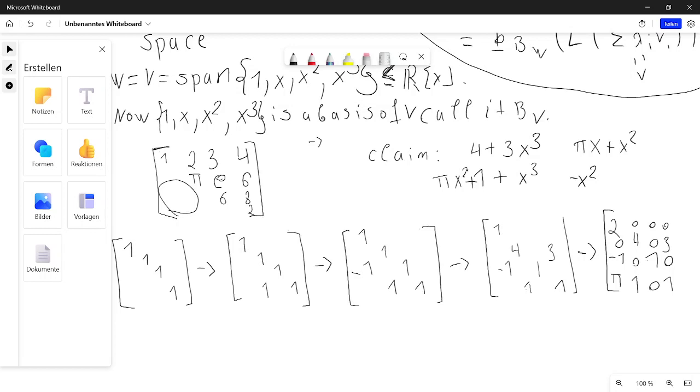That is 1, that is x squared. Right, here is x squared. Here is x squared, here is x, right? Plus x. That is wrong. Alright.